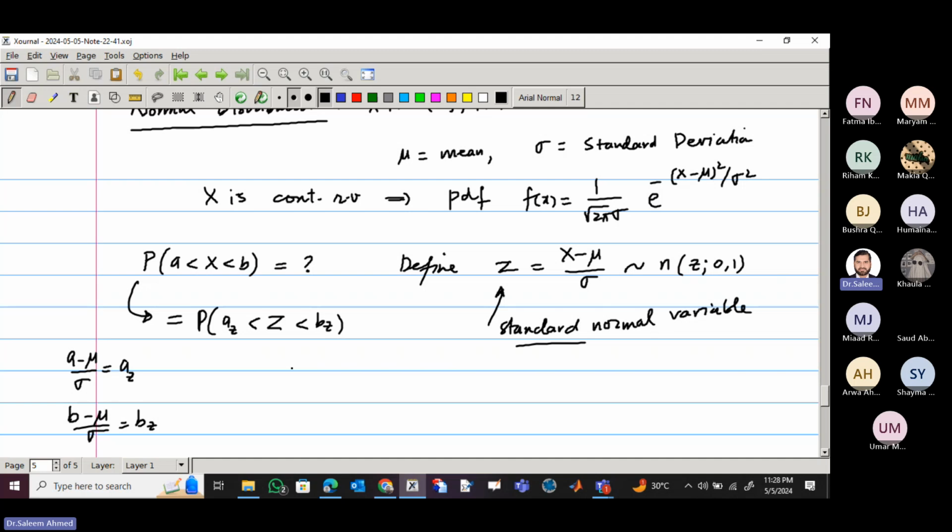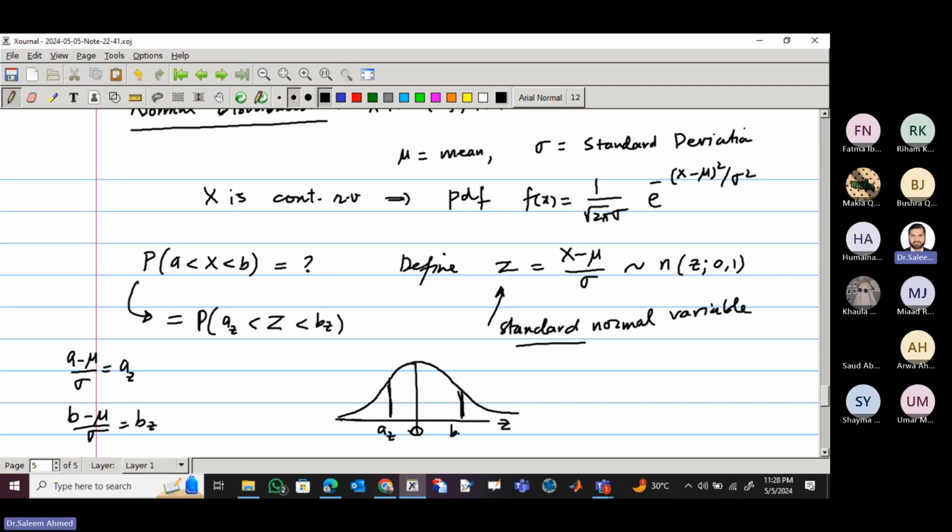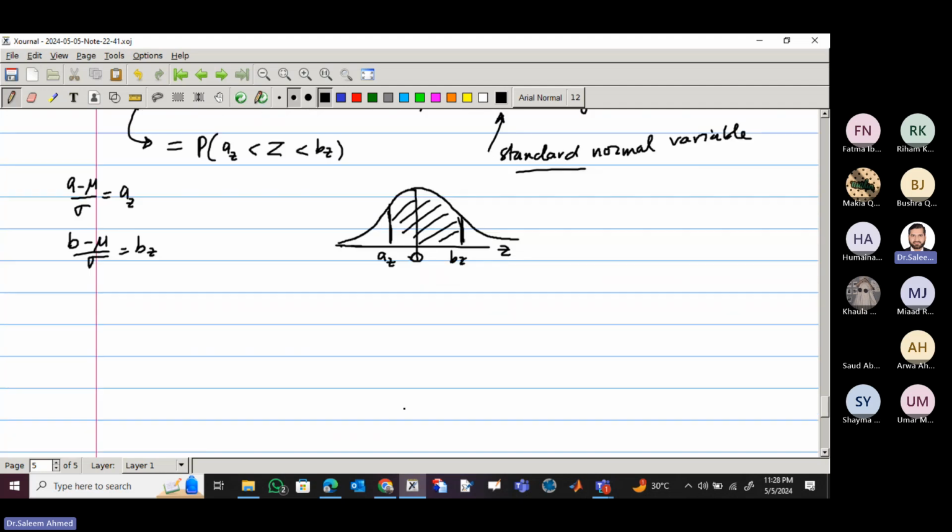Then the tables are given, because you know that the probability is the area under the curve. This is the standard normal curve, with 0 in the middle for Z. If you want to find the area between any two values, your table is given. We can find these areas using the standard normal table.